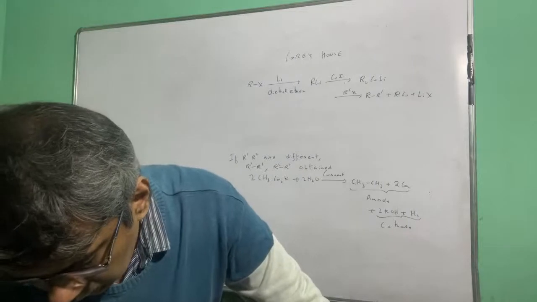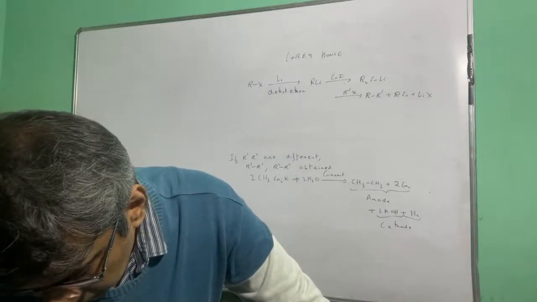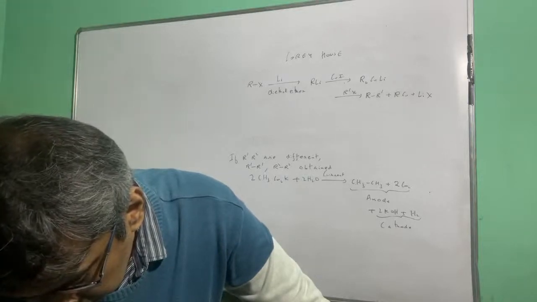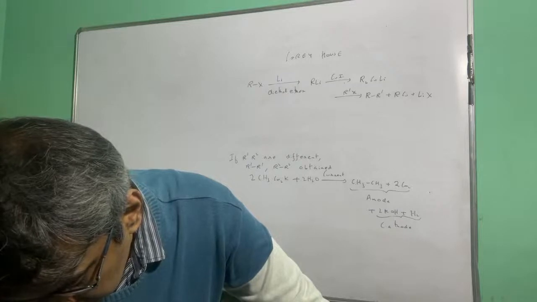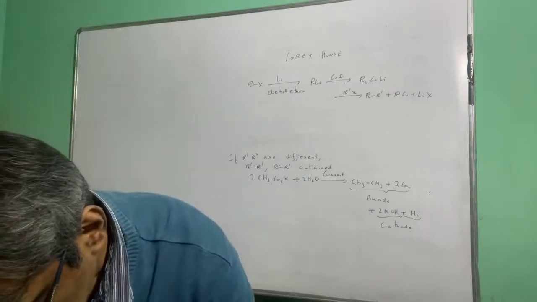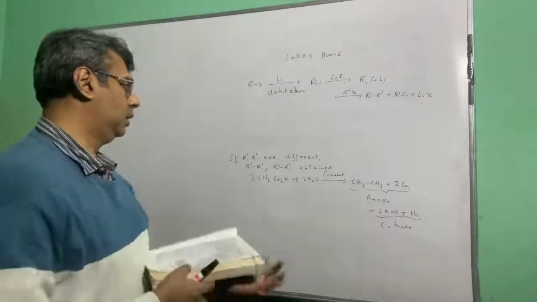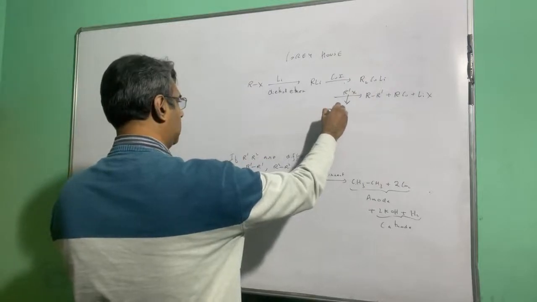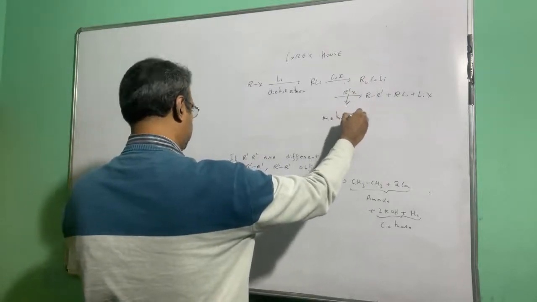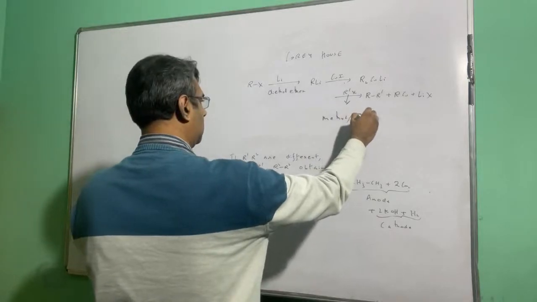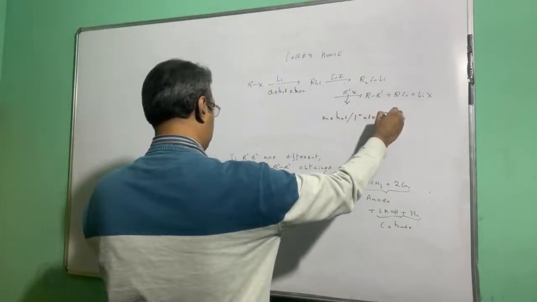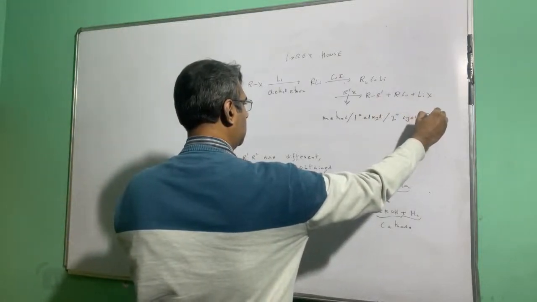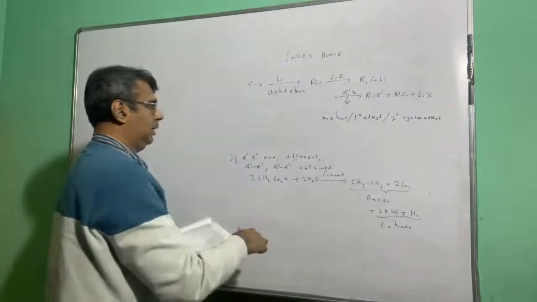But there is a rule that the second alkyl halide, that is this one, should be either methyl or 1 degree alkyl or 2 degree cycloalkyl.